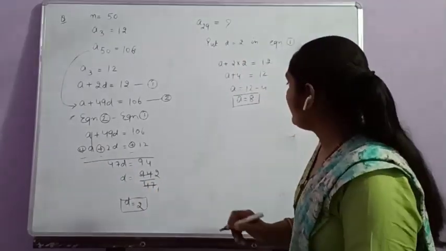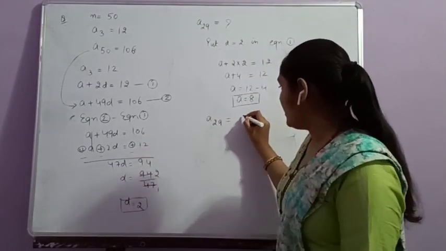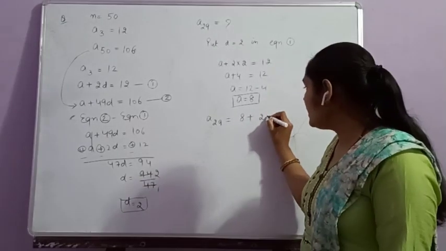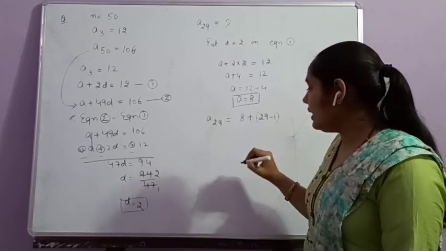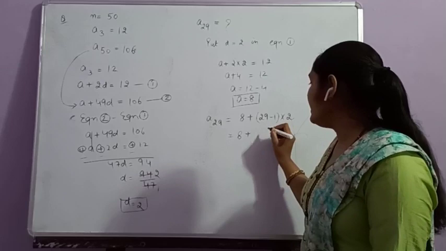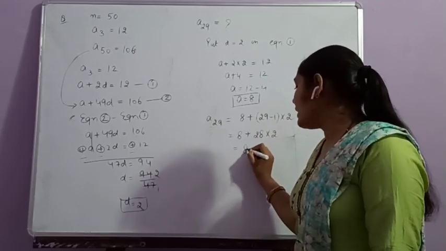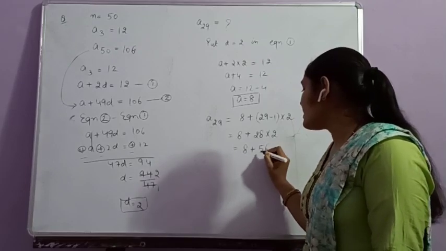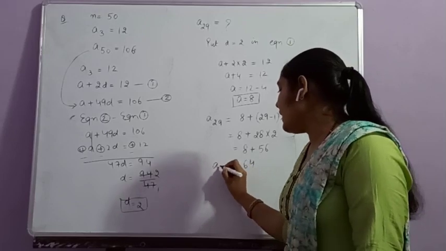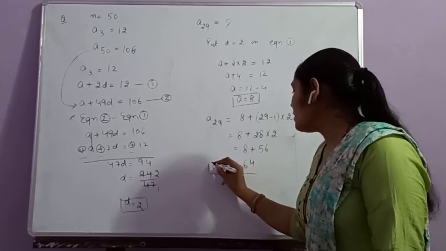Now we can find out the value of A29 using the formula An equals A plus n minus 1 into D. A is 8, n is 29, so 29 minus 1 into D, D is 2. 8 plus 28 multiplied with 2 is equal to 8 plus 56, that is equal to 64. Hence the value of the 29th term of that AP is 64.